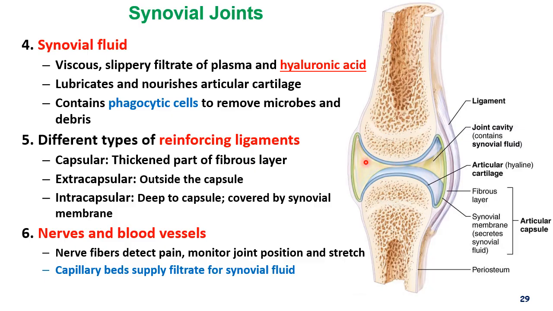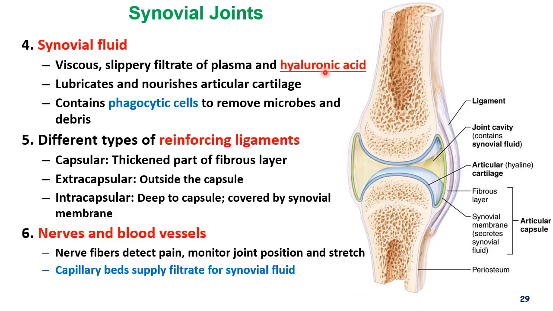the joints. Okay. Now, what you're going to find here, besides hyaluronic acid, you're also going to see some cells that are protective, cells of your immune system, and those are phagocytic cells. Okay, and the reason why they're there is that you need to kill any type of pathogen, especially some bacteria that can get into this synovial fluid.